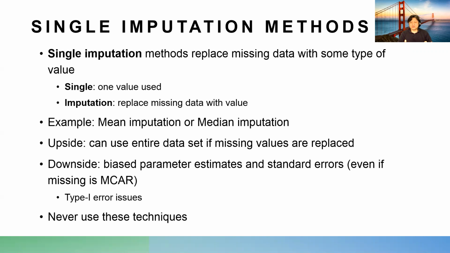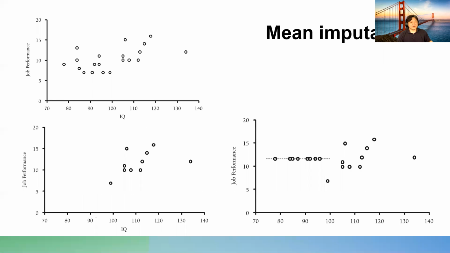So these methods almost always produce biased estimates and standard errors, even if missing is MCAR. It has pretty serious type 1 error issues. So in practice, please don't use these techniques. This is bad.